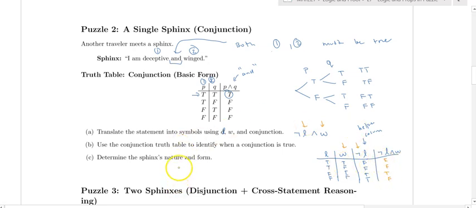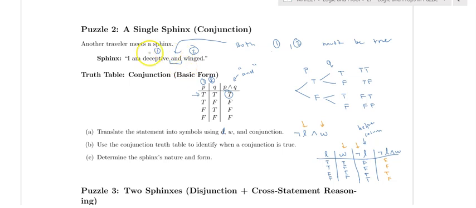So determine the Sphinx's nature and form. Well, you might already see that to call yourself deceptive would be a truth, right? That is, it would be a truth if you were indeed deceptive.